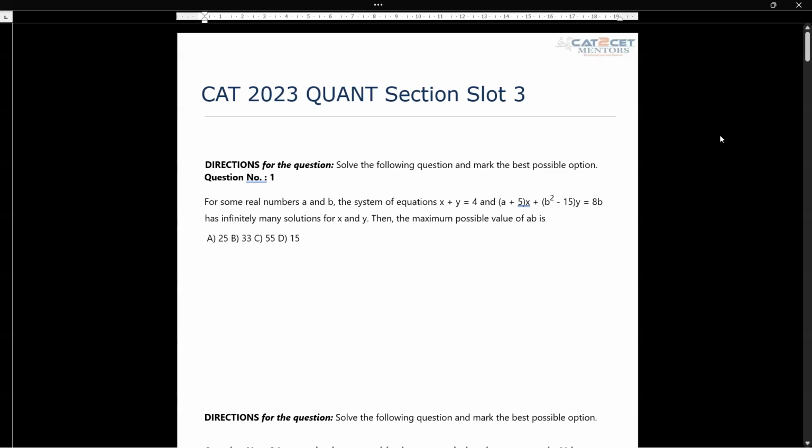That is why we have come up with this paper, because even the most difficult paper has 5 or 6 questions that are very doable for students who are only okay with the topic and not that good.